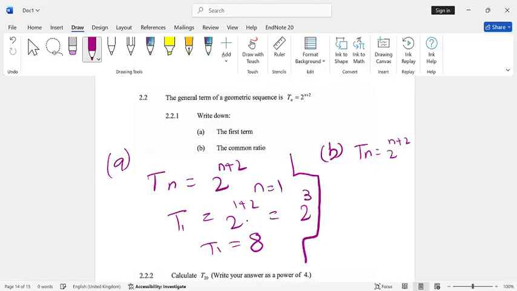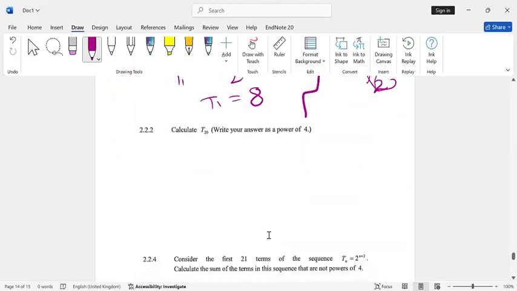So the common ratio r equals 2 for this question, okay? If we have a minus value, we cannot say that is the base. The base of this term is 2. The base value is always positive. All right. So we can say that the ratio is 2.